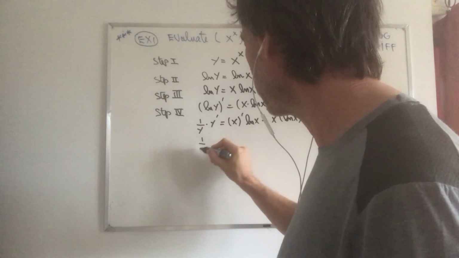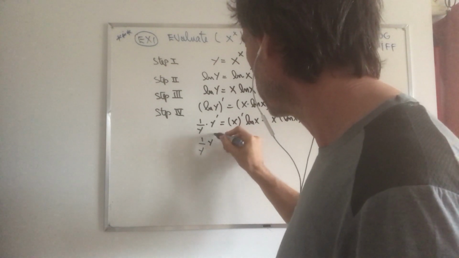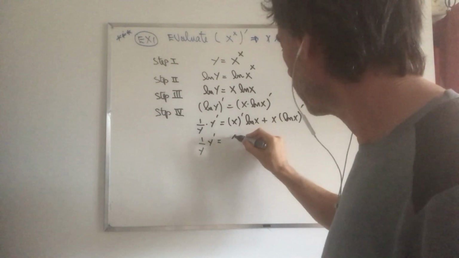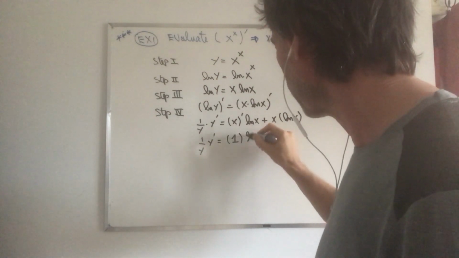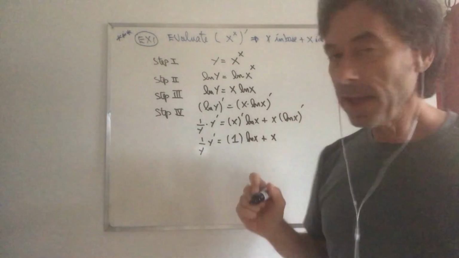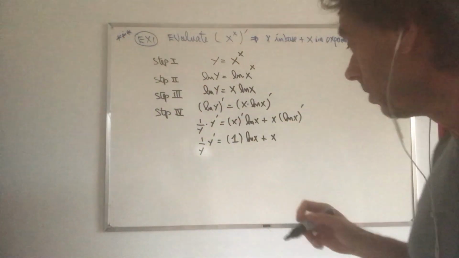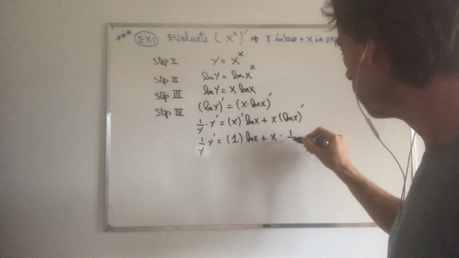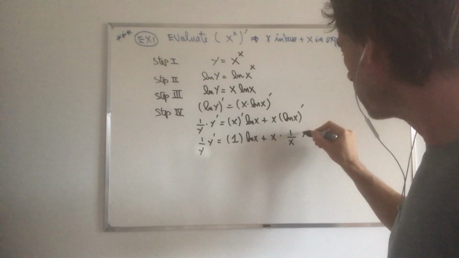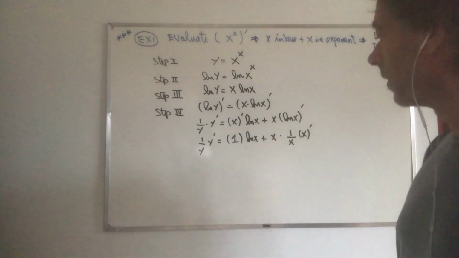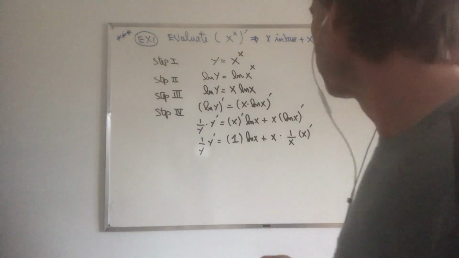So 1 over y, y prime remains untouched. x prime, rule 2, plus x times ln x, that is rule 13, isn't it? So this goes 1 over x times x prime. Good. Oh, one more prime in here.